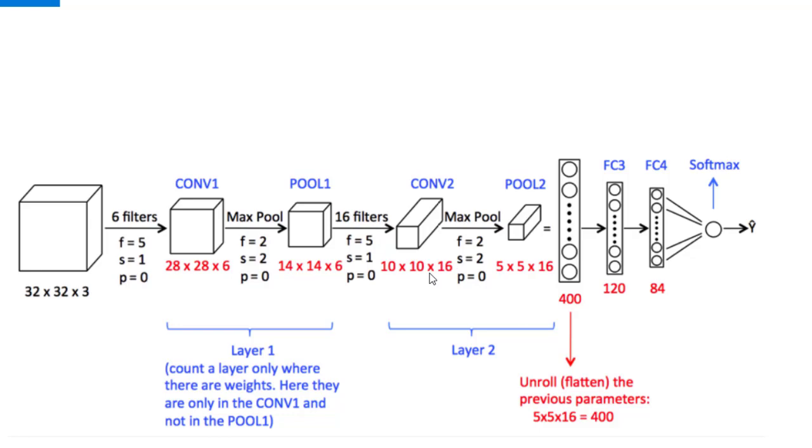This is passed through the max pool layer here, and we get 5 into 5 into 16. This one has to be fed to a fully connected layer. The fully connected layer is a flat network, right? It doesn't have an image, it doesn't do any convolutions, it's a flat network.